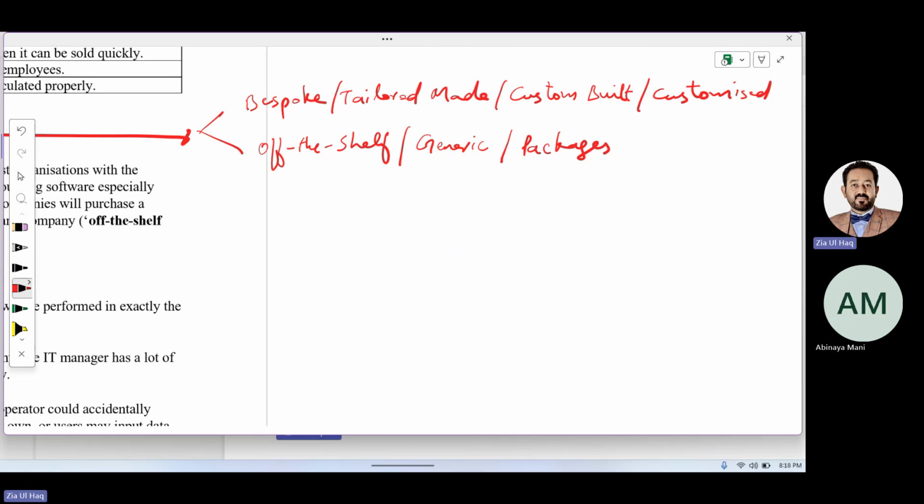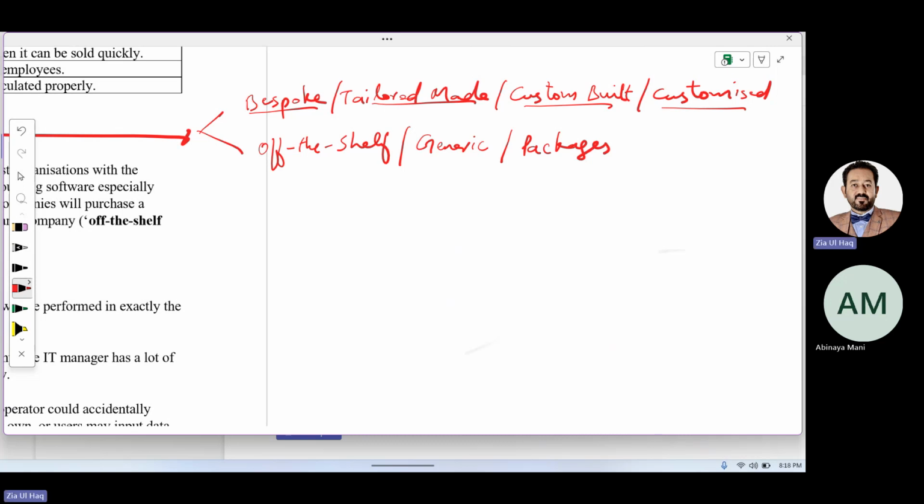So those are called off the shelf generic packages. Sometimes a company asks a software house to design special software according to the requirements of the company. So that will be called customized, custom built, tailor made according to the company system, or bespoke.